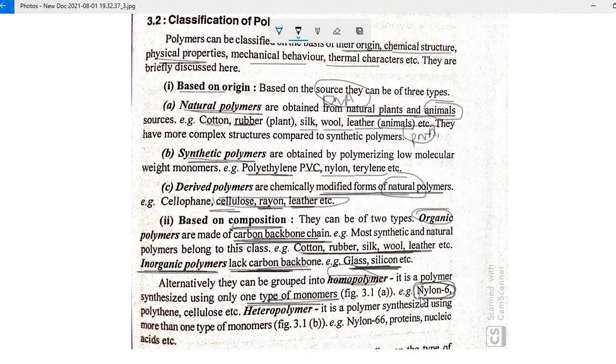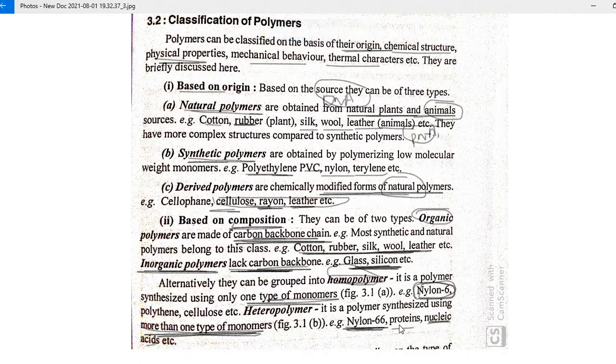Now heteropolymer. Heteropolymer means what? More than one type of monomer. This is known as heteropolymer. Examples are nylon 66, proteins and nucleic acids.